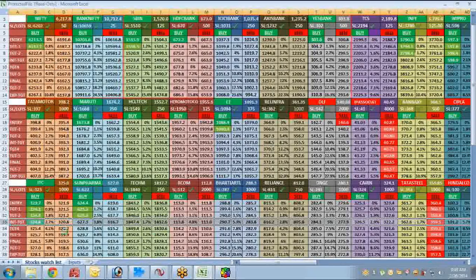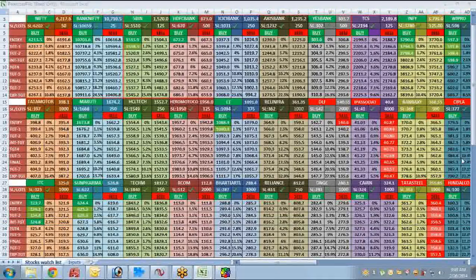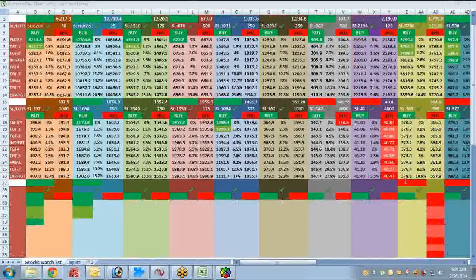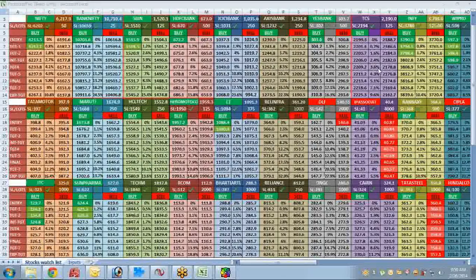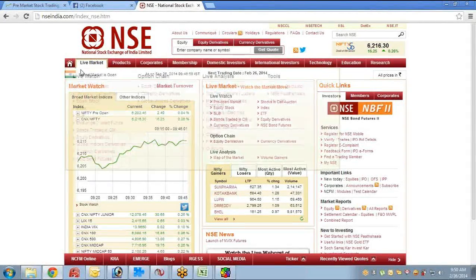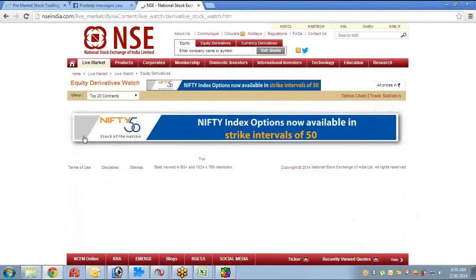See, option prices change every day. So I will not be able to actually tell you what the average requirement will be for trading in options. So what you can do is go to the NSE site. I will just show you.